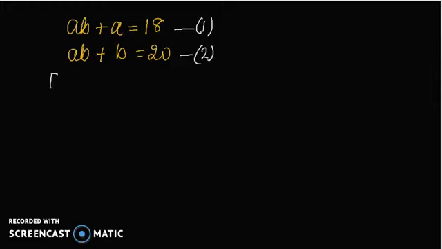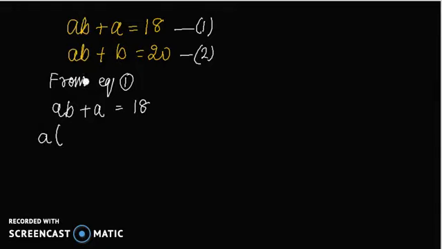So from equation 1, we can write ab plus a is equal to 18. Taking a common, we can write a times b plus 1 equal to 18.